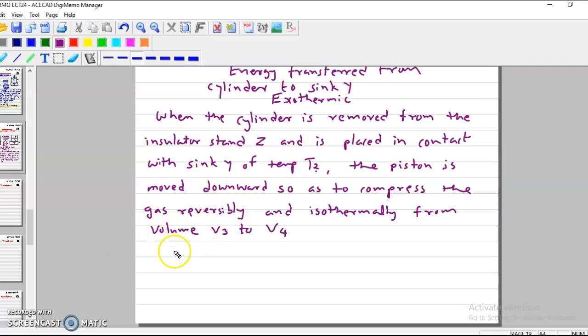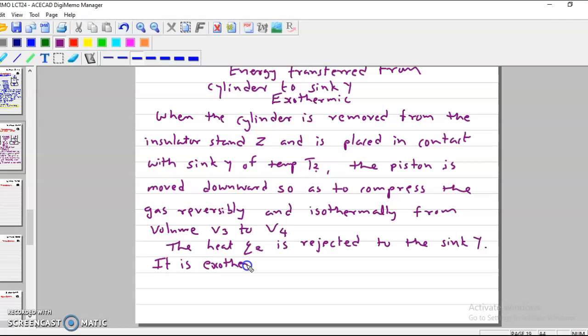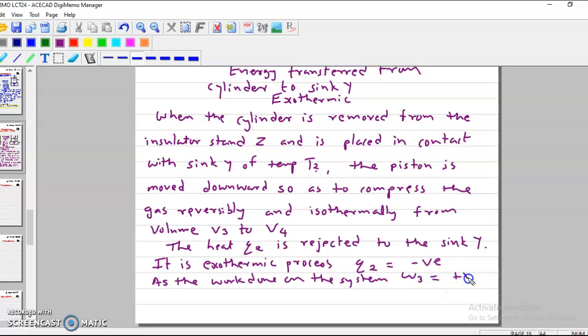Okay. So the heat Q2 is rejected to the sink Y. It is an exothermic process, and therefore Q will be negative, as the work done on the system W3 will be positive.